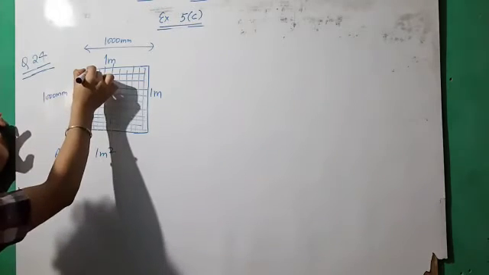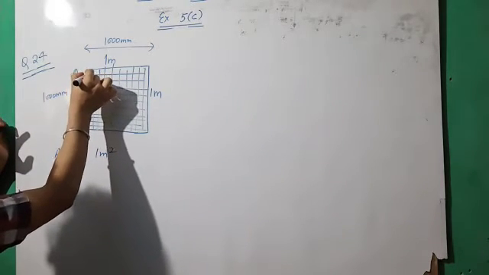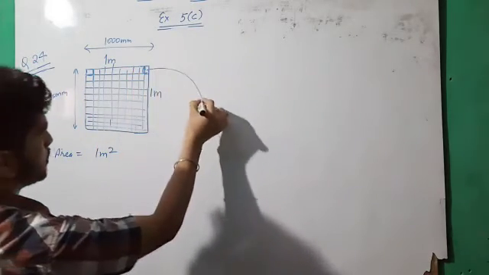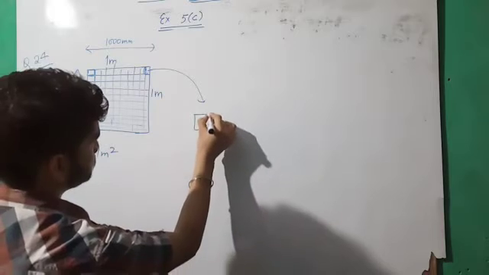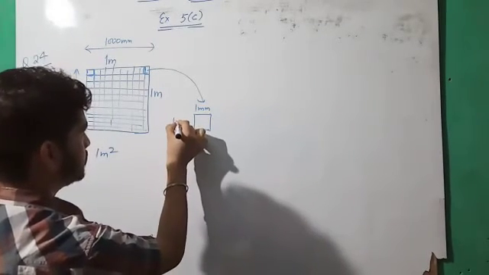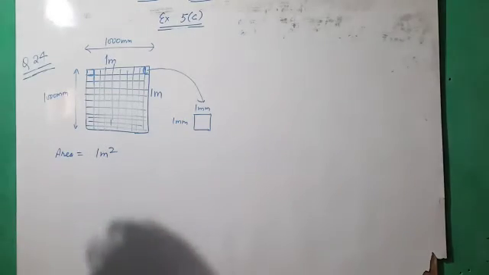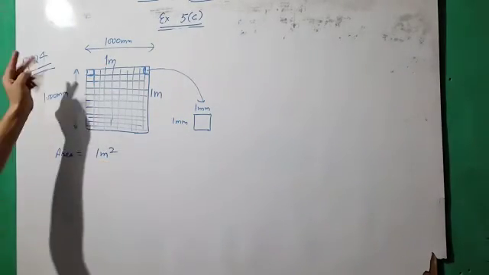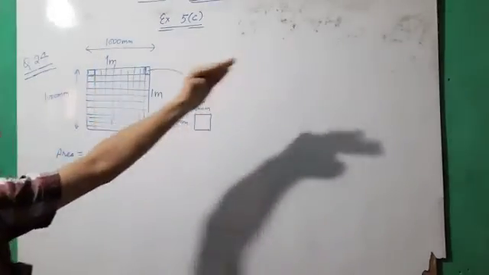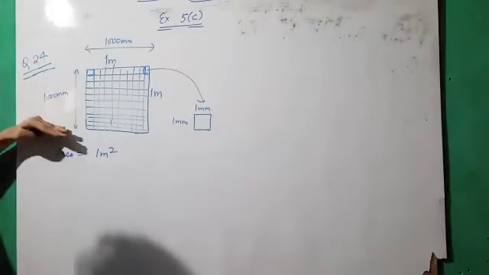Now we have to choose 1 mm like this. So this is 1 mm square. 1 mm square means 1 mm breadth and 1 mm length. Similarly, there are 1000 1 mm squares along the length side and 1000 along the breadth side.